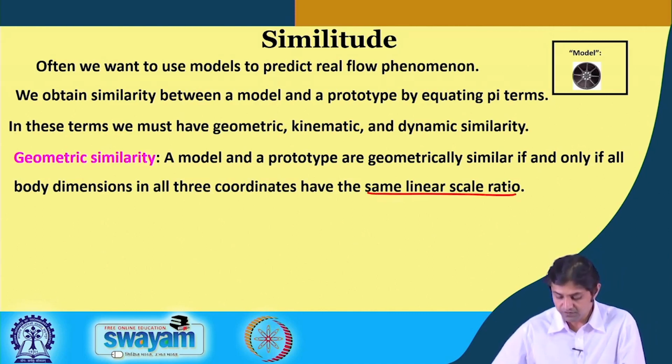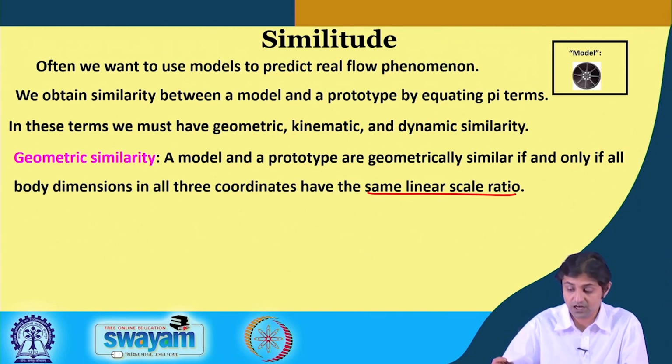For example, if there is a ship 100 meters long, 100 meters wide and let us say 10 meters deep, and we have to have a geometric similarity in a lab, what we have to do is create a 1 meter long, 1 meter wide and 10 centimeters deep ship, and this is called having the same linear scale ratio. Here the linear scale ratio was 100, in the example which I just spoke.